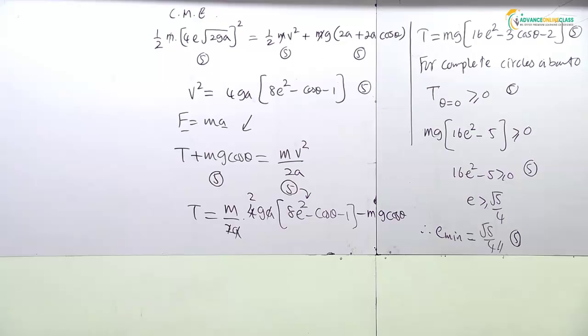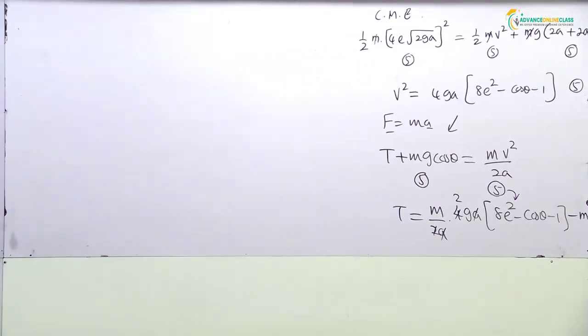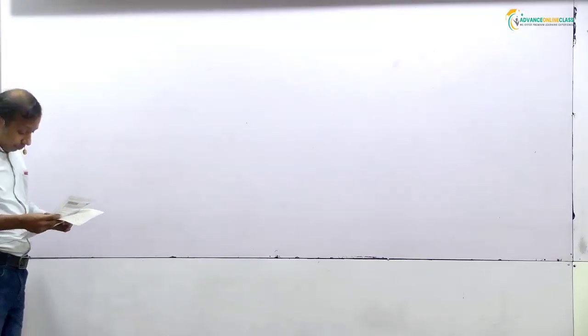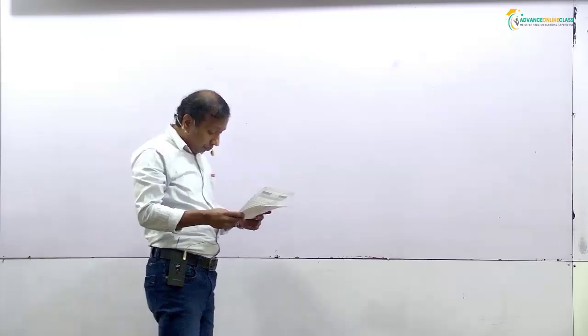Right. Now, for uniform rods this way, first the light rod is 2W root 3, which we have shown.